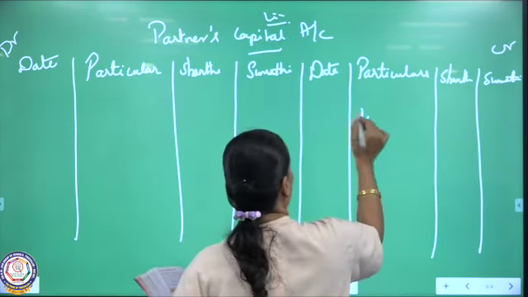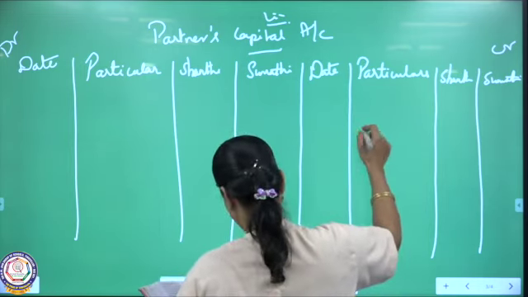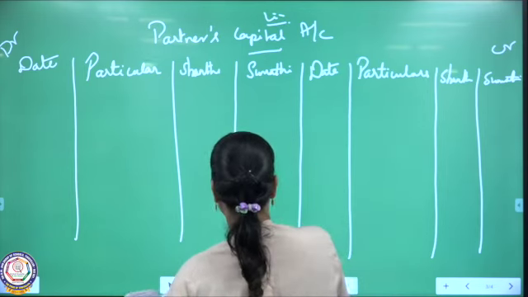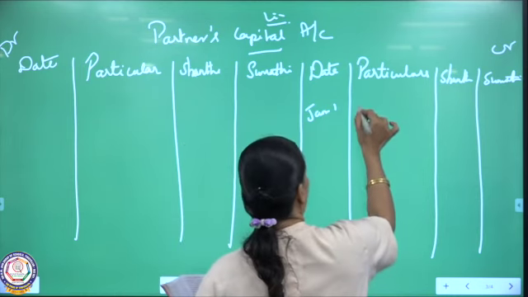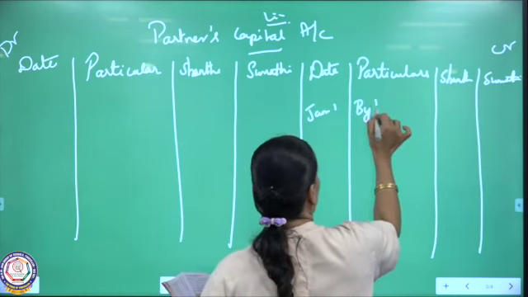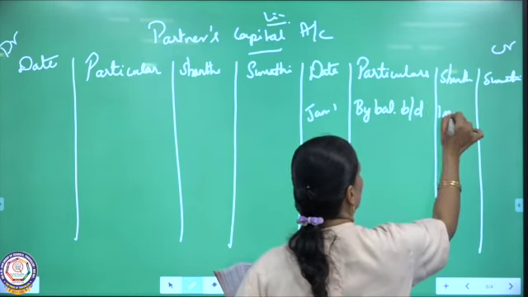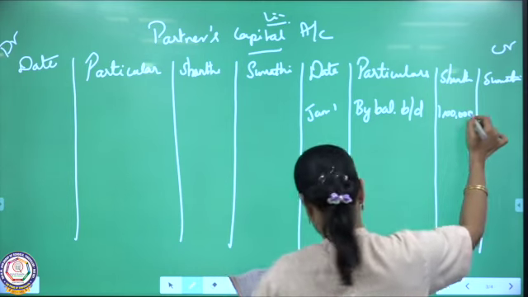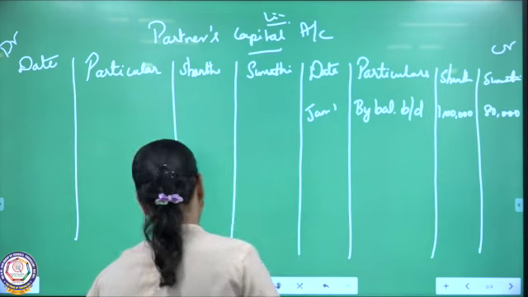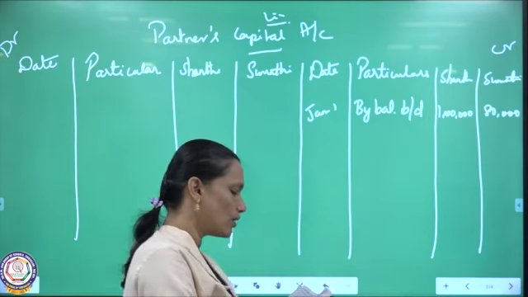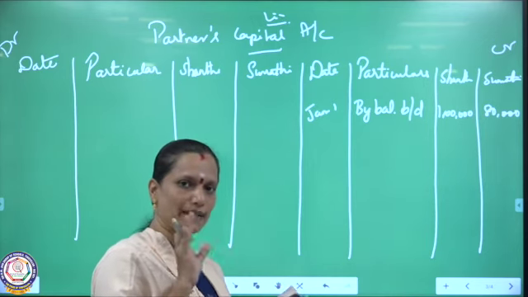So, 1 lakh. January 1st, the opening balance we should write here, okay. By balance brought down, 1 lakh. Here 80,000, okay. And then what should we do? Current account on 1st January 2018, credit side. So, first we are going to calculate the capital account only.